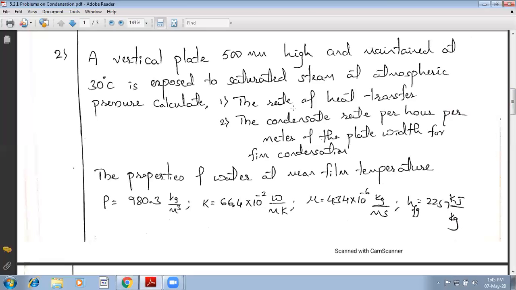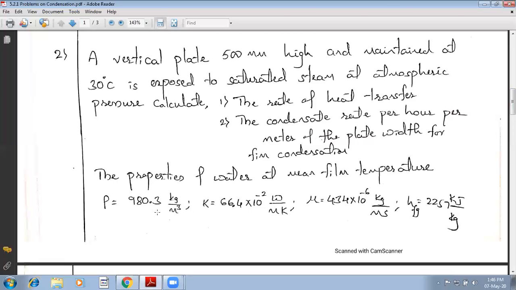Now in this case, the first question asked is, you need to calculate the rate of heat transfer, as well as the second one, the condensate rate per hour per meter of the plate width for film condensation. Now it is not necessary that he should give the value of properties all the time.